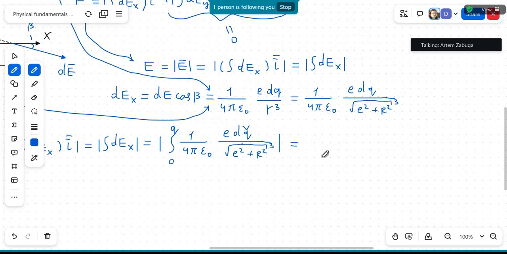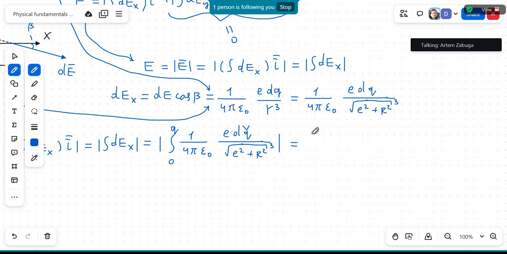Okay, and if we see carefully on this integral, we can notice that 1 divided by 4 pi epsilon 0, L, and this root don't depend on element dq. And moreover, all these values are non-negative.